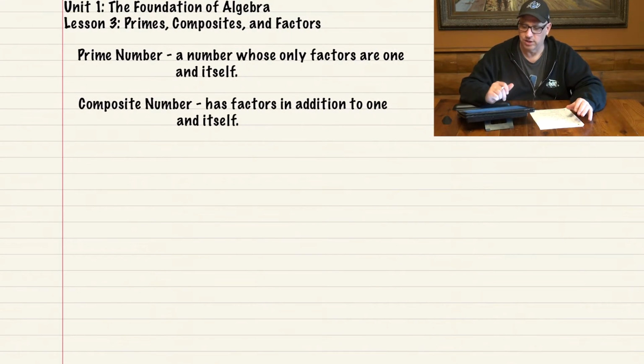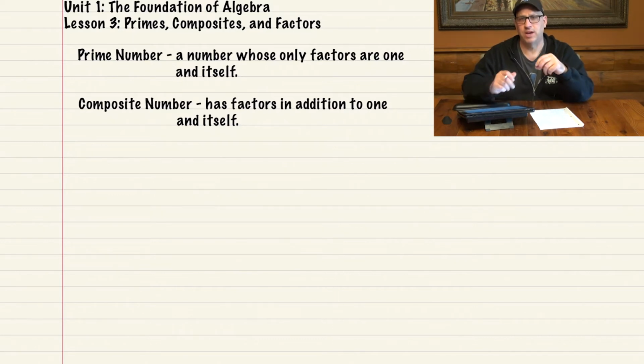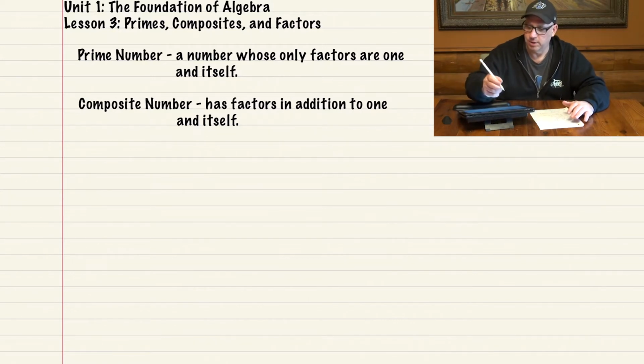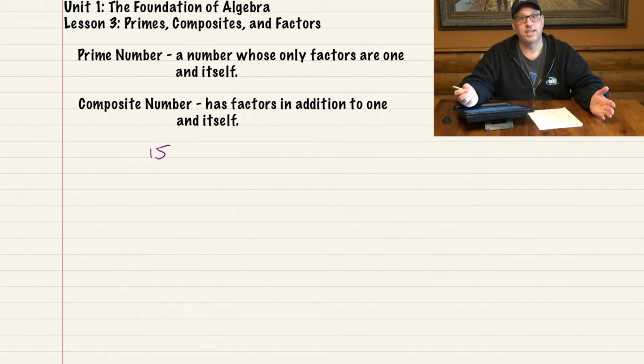The next definition that I want to go over are composite numbers. Now, composite number has the word composed in there, which means it's composed of more factors than just 1 and itself. So a perfect example there is 15. I gave you the one earlier of 20, but let's say I wanted to do 15. Let me get my pen up here. And I said 15. Well, how do I get 15?